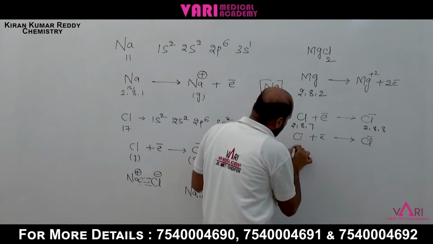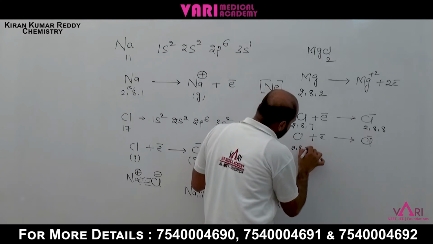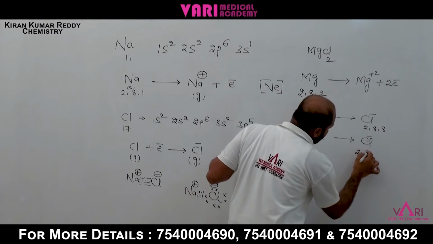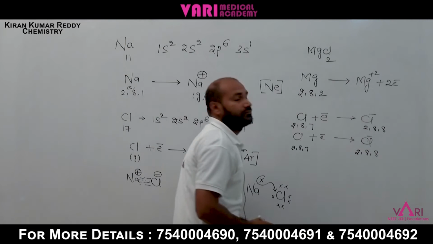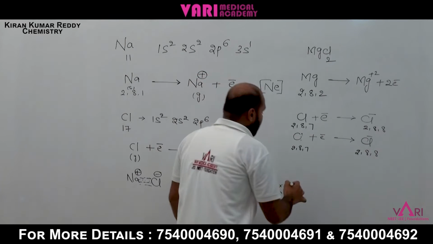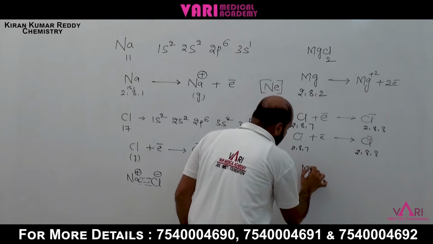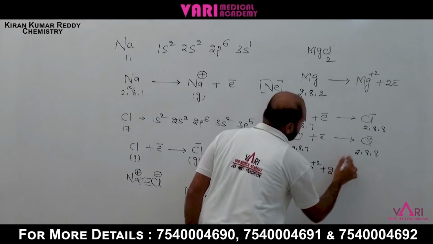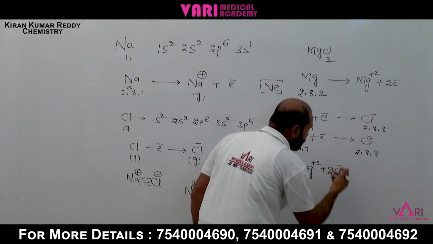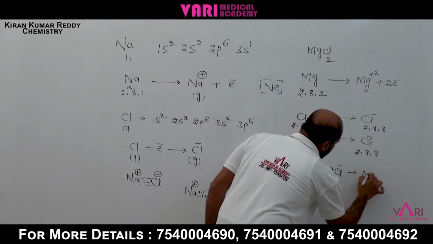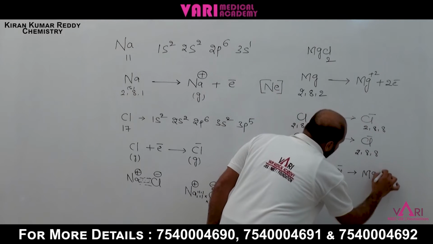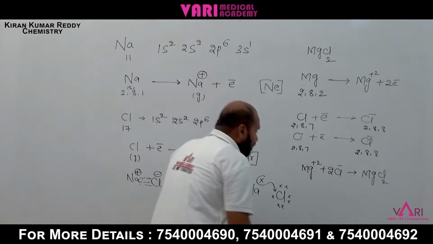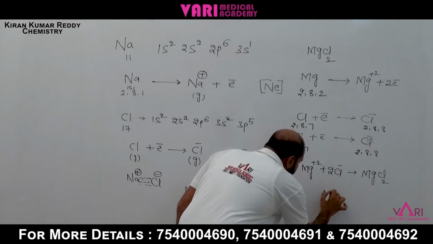Here also it is 2, 8, 7, accepting 1 electron, and 2, 8, 8 is formed. Now magnesium plus 2 and 2 Cl minus combine, because there are 2 chlorines, to form magnesium chloride, MgCl2.